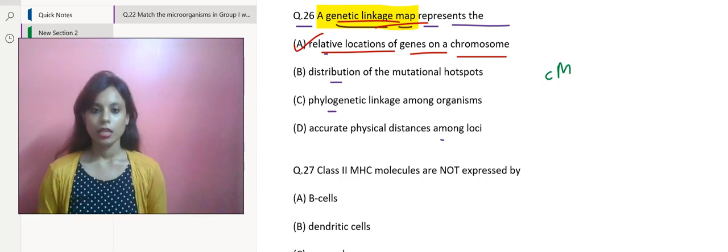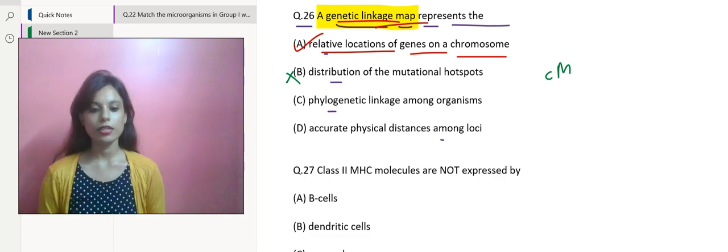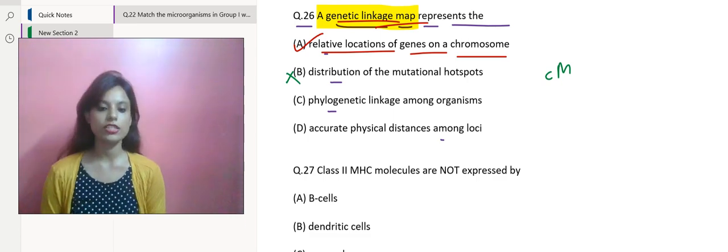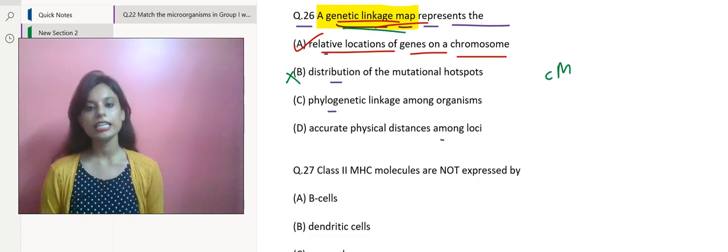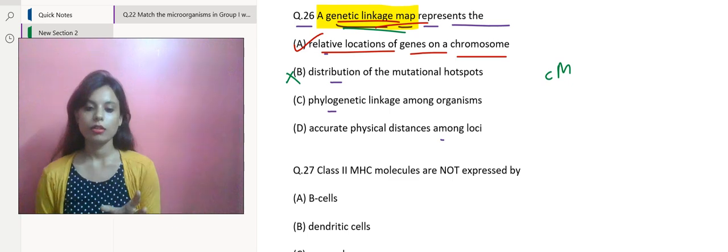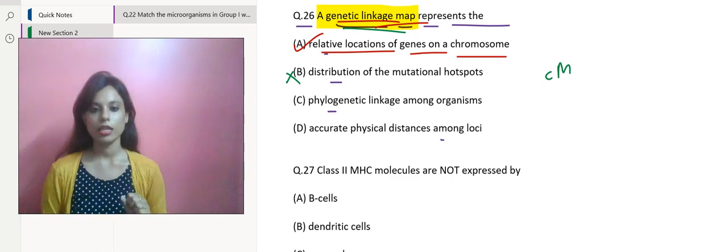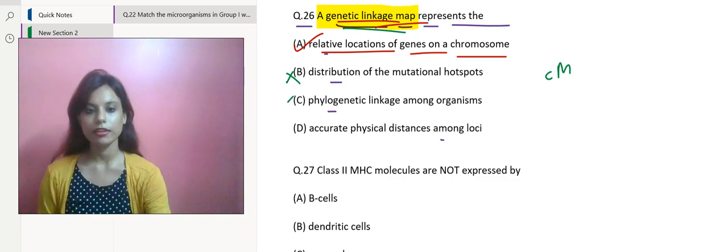Okay, so we can say option B is incorrect because the genetic linkage maps are not used to show the distribution of the mutational hotspots, but rather the genetic linkage map is used to show the relative positions of genes on a chromosome. Okay, that is why the second one is incorrect. Now the third one is also incorrect.